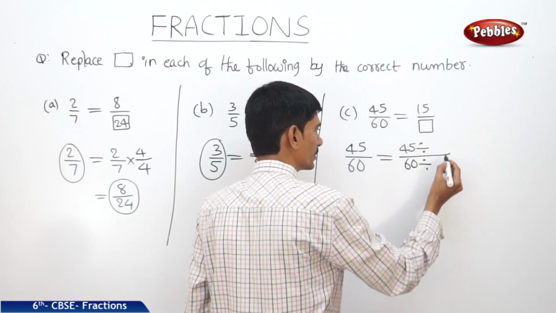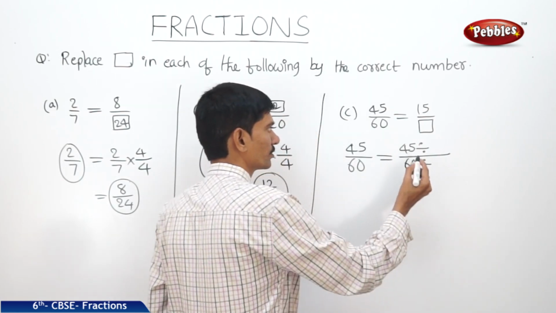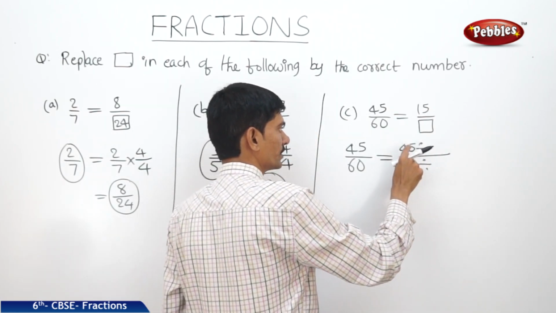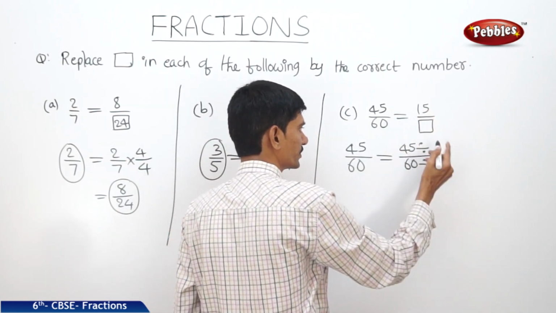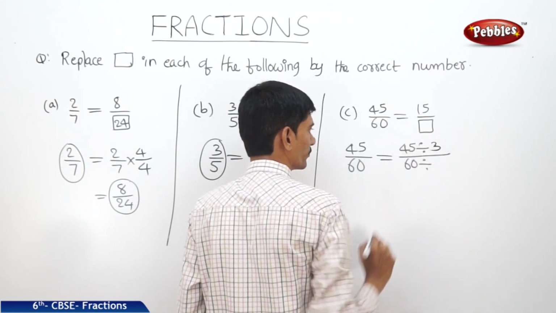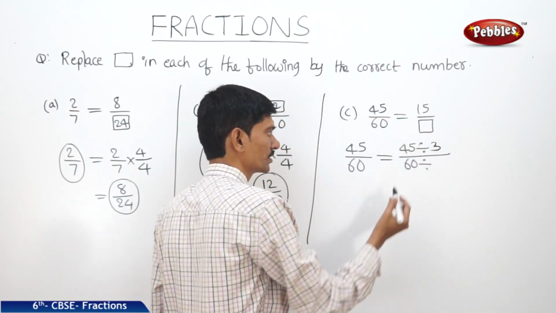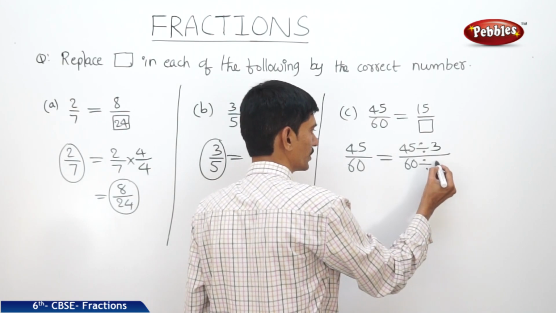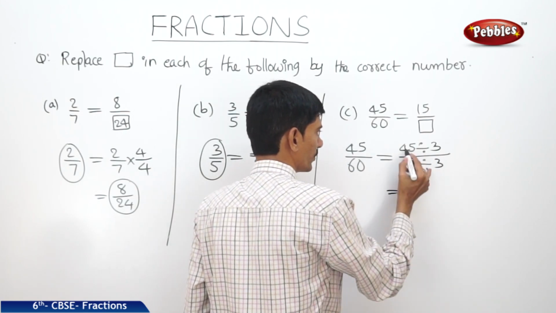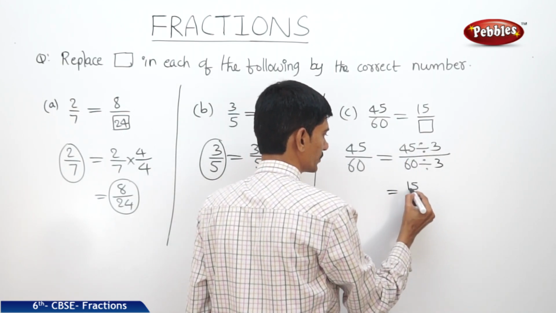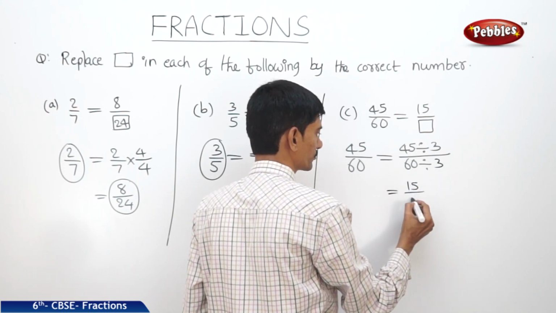So what is the number by which it must be divided? Now 45 by 3 equals 15. So when 45 is divided by 3, then 60 also must be divided by 3. So then 45 by 3 is 15 and 60 by 3 is 20.